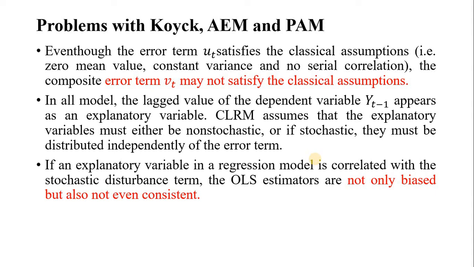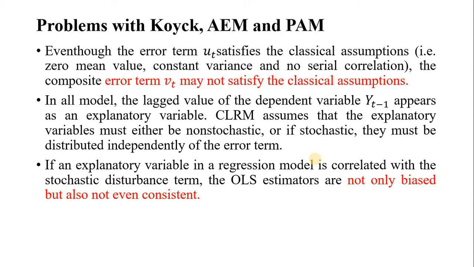That means the independent variable and error term should be uncorrelated. But if yt depends on ut, then ut may also influence the past yt. That's why we are saying that there will be a correlation between the error term and yt minus 1.